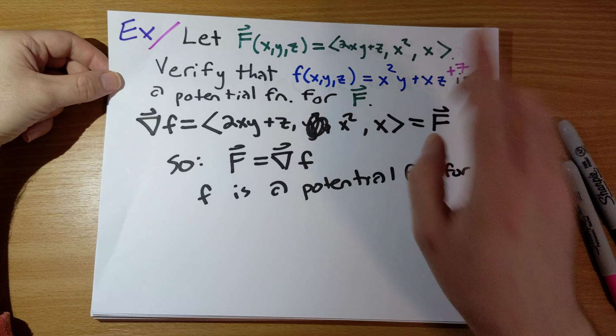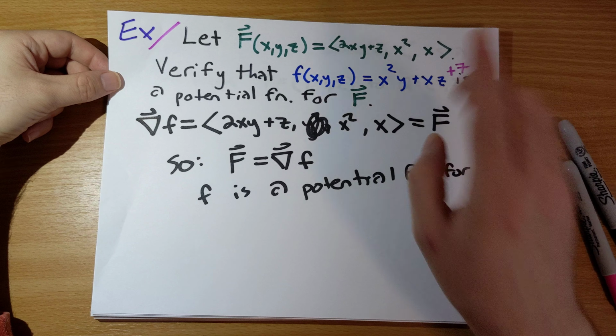Because F is the thing we're integrating, and F is equal to the gradient of little f, we can evaluate this vector line integral in this way.